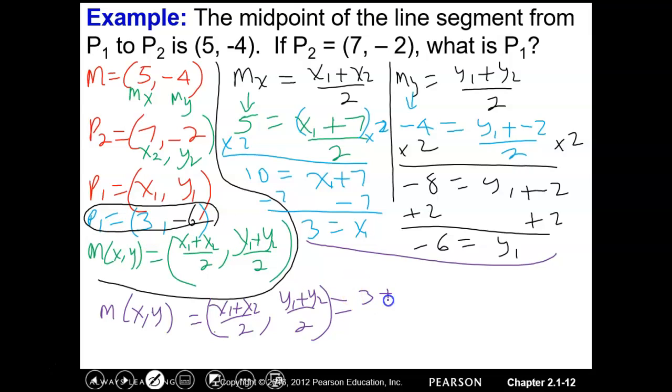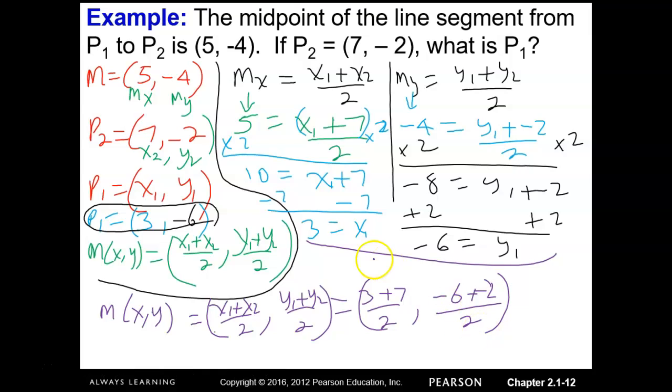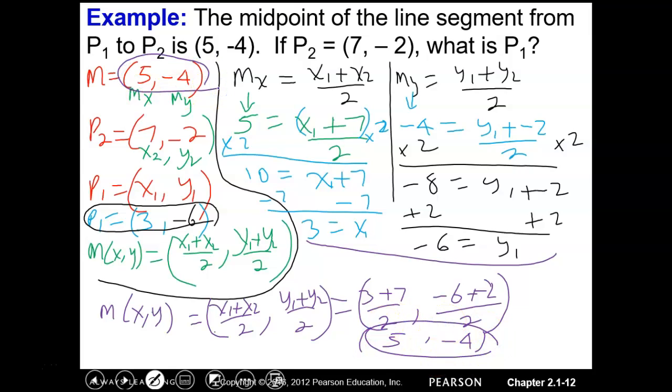So that will be 3 plus x2, 7, divided by 2, and negative 6 plus negative 2 divided by 2. If we simplify those, that's 5, 10 divided by 2 is 5. And negative 6 plus negative 2 is negative 8. Negative 8 divided by 2 is negative 4. So that checks with the original thing we were given. So that's correct.